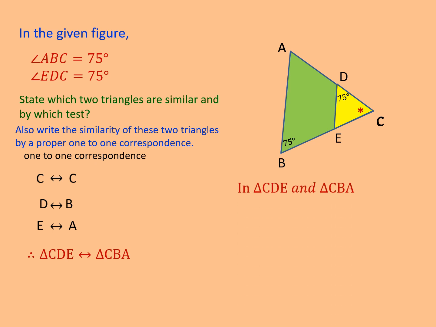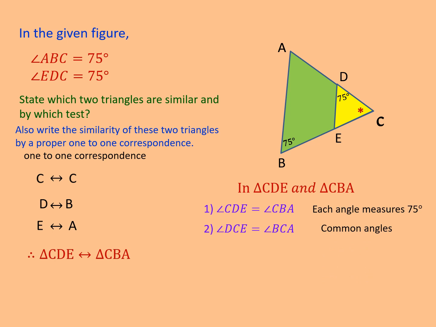So in triangle CDE and triangle CBA, angle CDE equals angle CBA. As you have seen, each measure is 75 degrees. Second point, angle DCE equals angle BCA, the common angle.